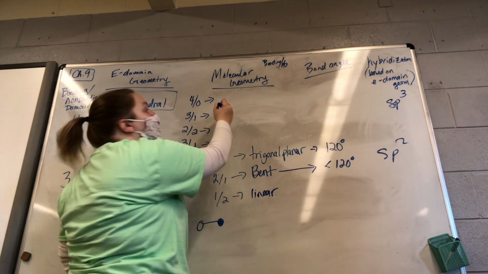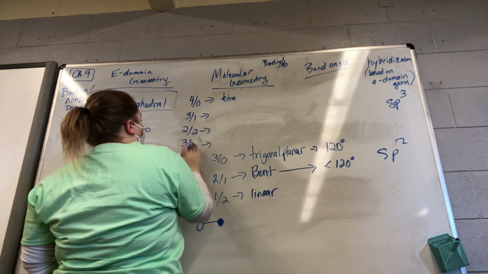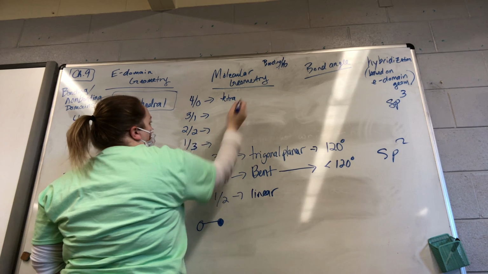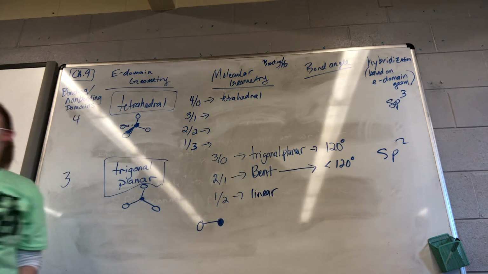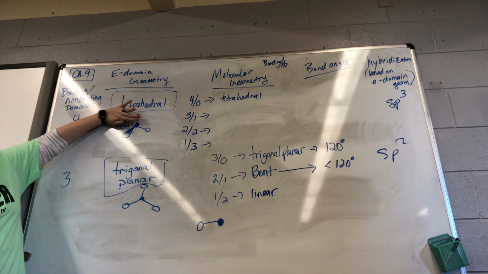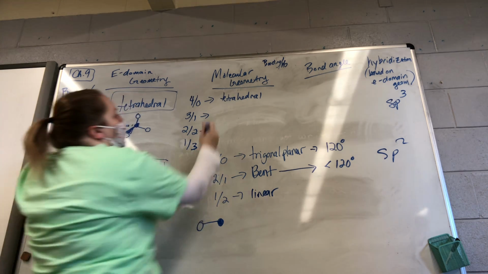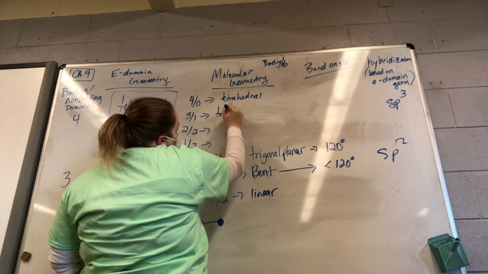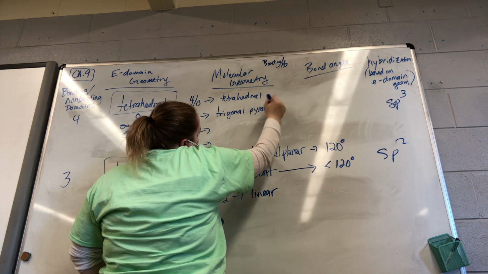Tetrahedral. When 3 of these things are bonded, and 1 of them is a lone pair, that lone pair pushes everything else down and causes a trigonal pyramidal structure. That was today's daily Q.